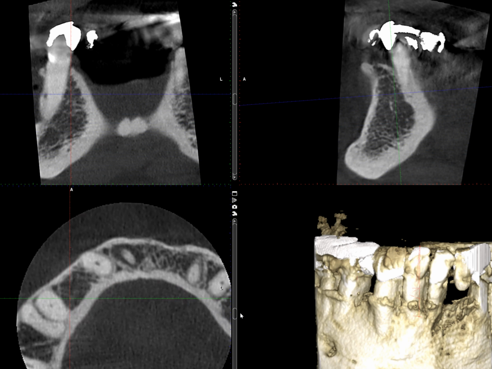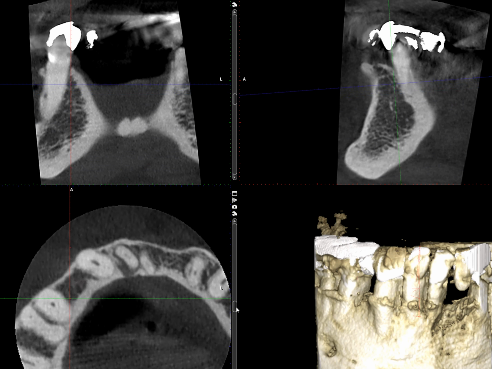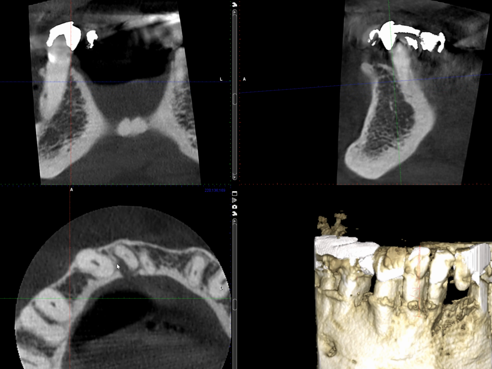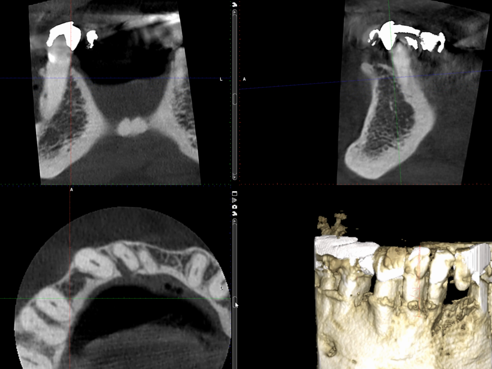And as you move up the scan, we are already seeing a radiolucency centered around tooth number 26. In addition to that, we see a radiolucency that's at the lingual aspect of the tooth, possibly perforating the lingual cortical plate.